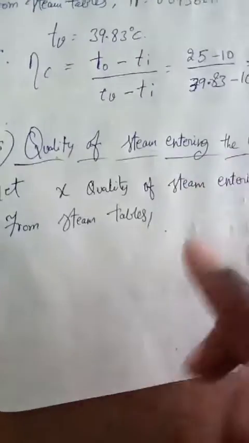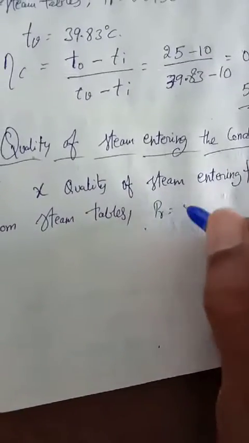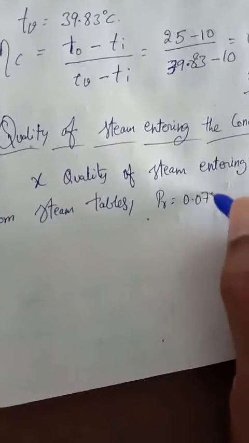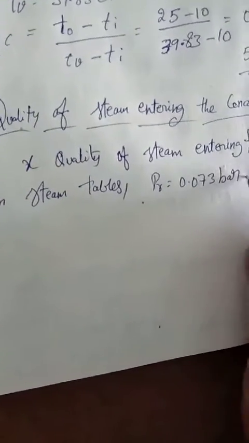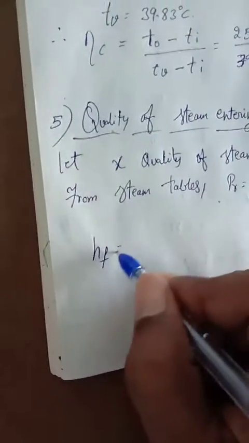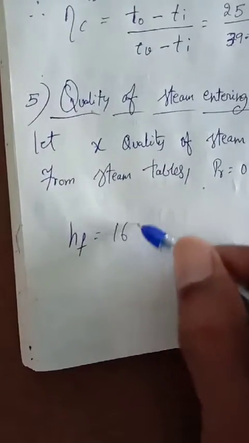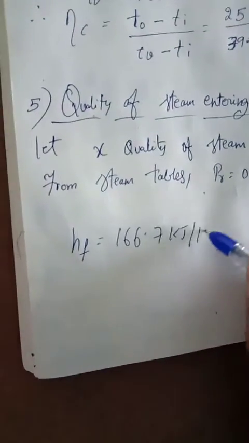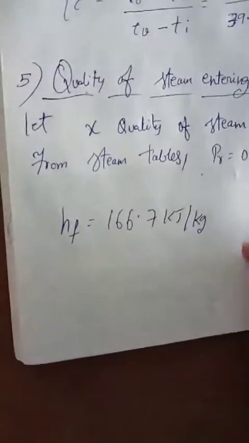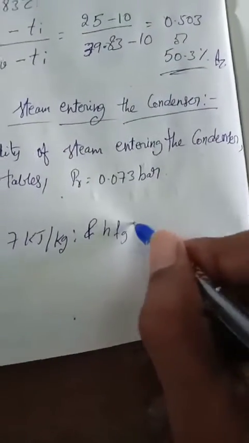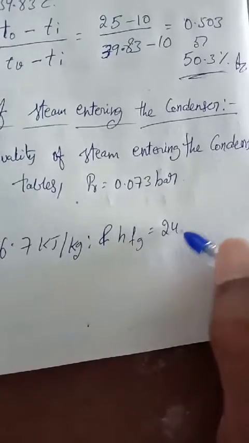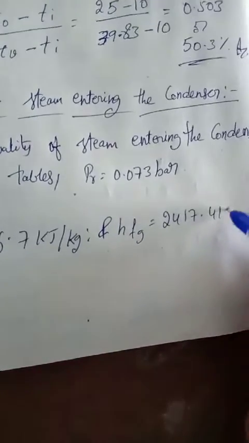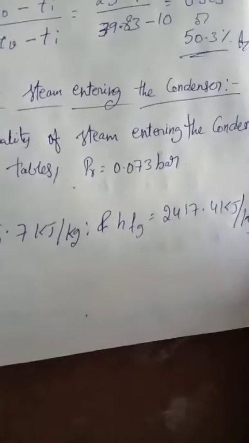From steam tables, corresponding to a pressure of 0.073 bar, we find that HF is equal to 166.7 kilojoules per kg, and HFG is equal to 2417.4 kilojoules per kg.